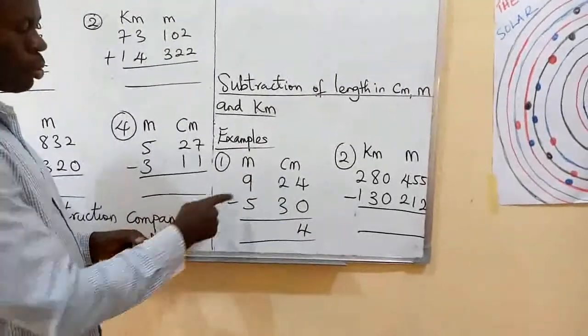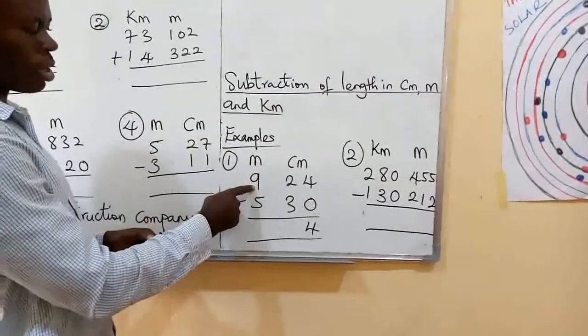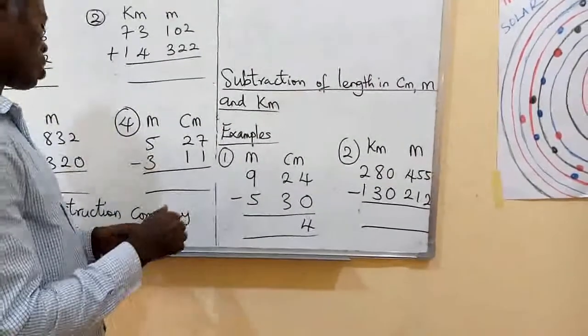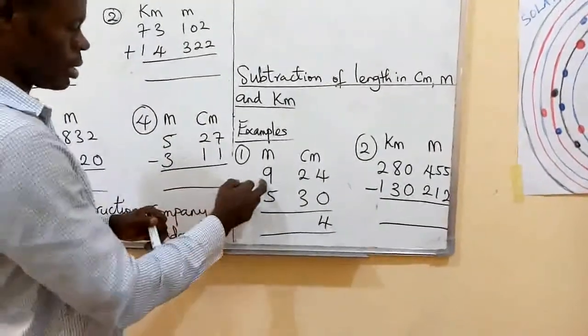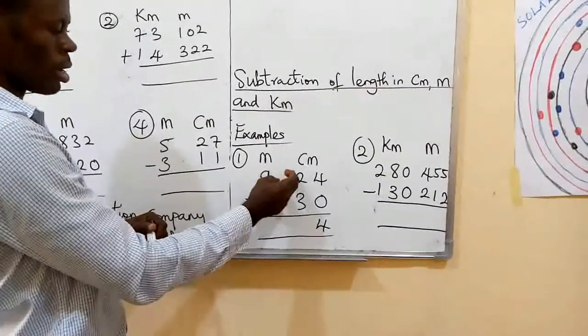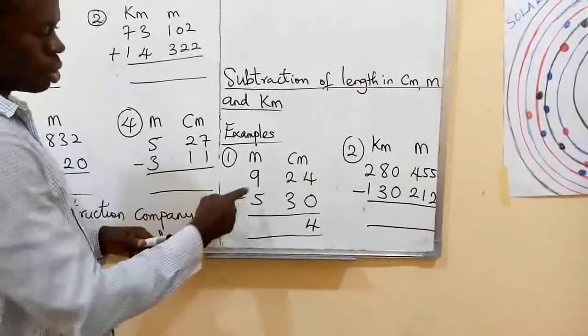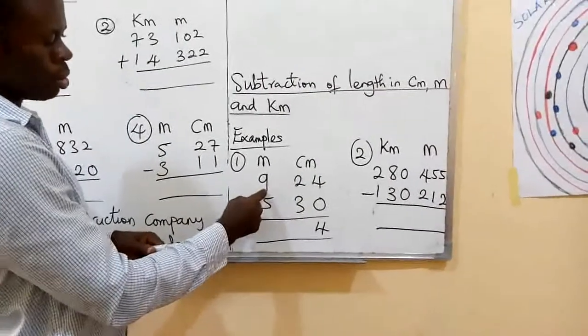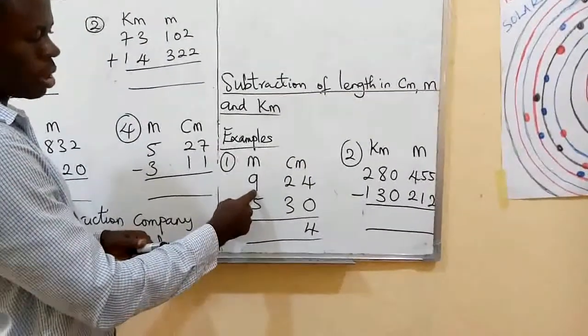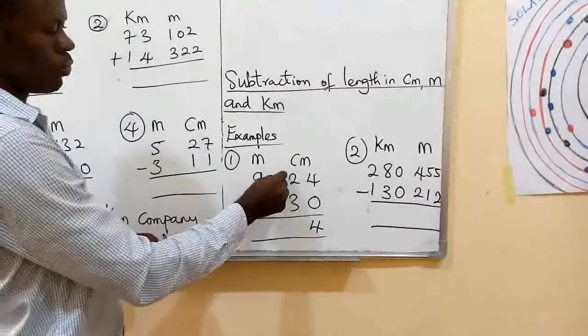We are going to borrow 10 from the next column, the number 9 here. We're going to borrow 1 from here and add to the 2. So the one we are taking from here is called 10. So 9 take away 1 is what? 8. So you fix it here.